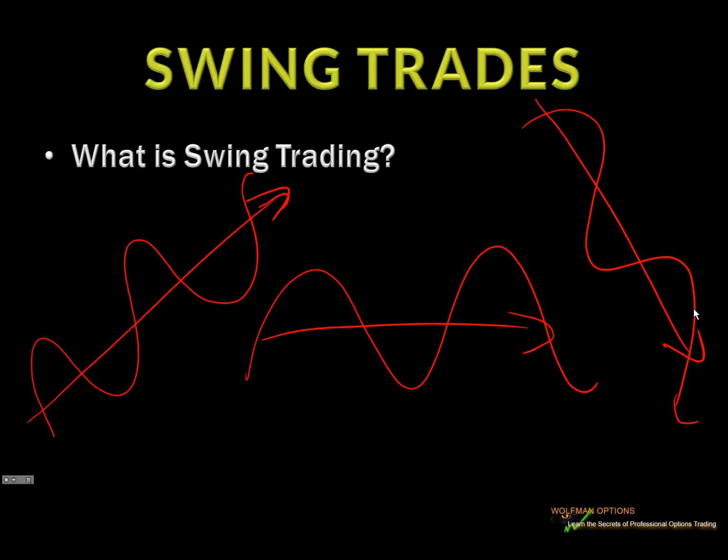You are in and out of that trade in one day. Whether you're getting long or short, you make that trade happen intraday, and you're flat when you end that day. A swing trade is anything that lasts longer than a day.